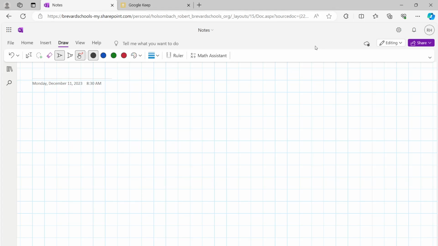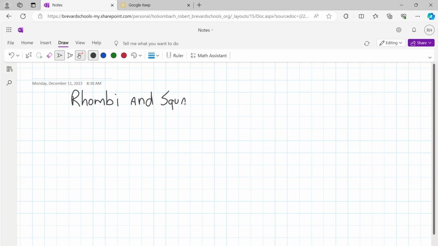All right, on page 430 today, we are going to talk about rhombi and squares. And let's talk about the properties of a rhombus.